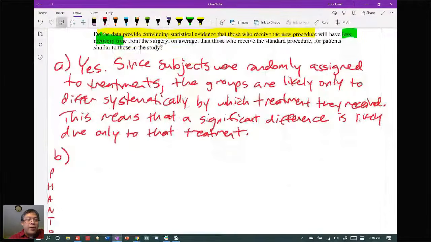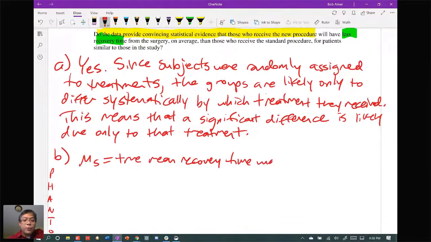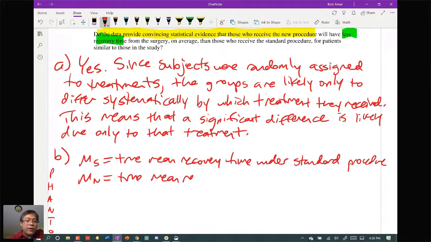So we're going to let mu s be the true mean recovery time under the standard procedure. And then we're going to let mu n be the true mean recovery time under the new procedure.